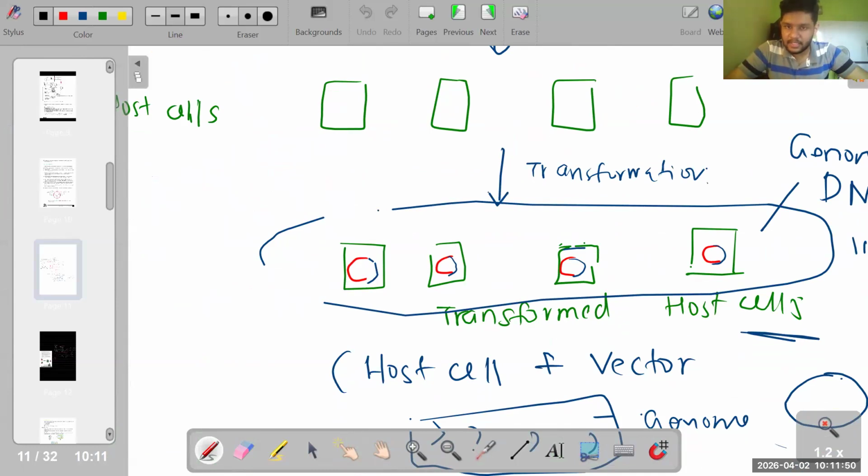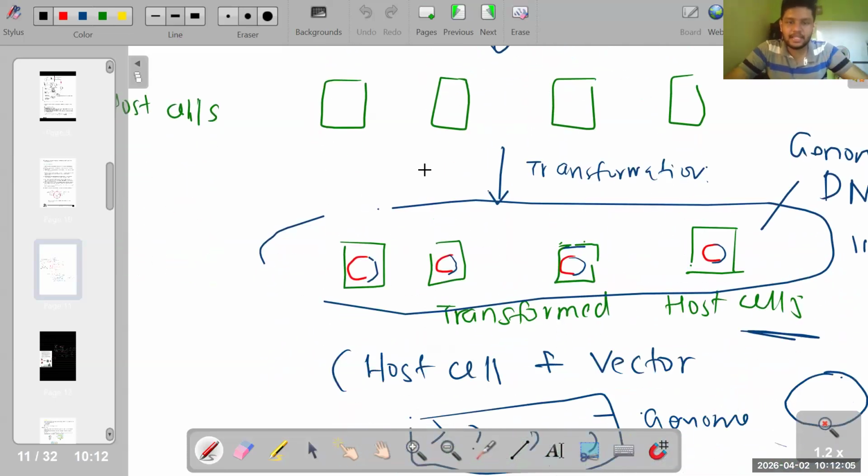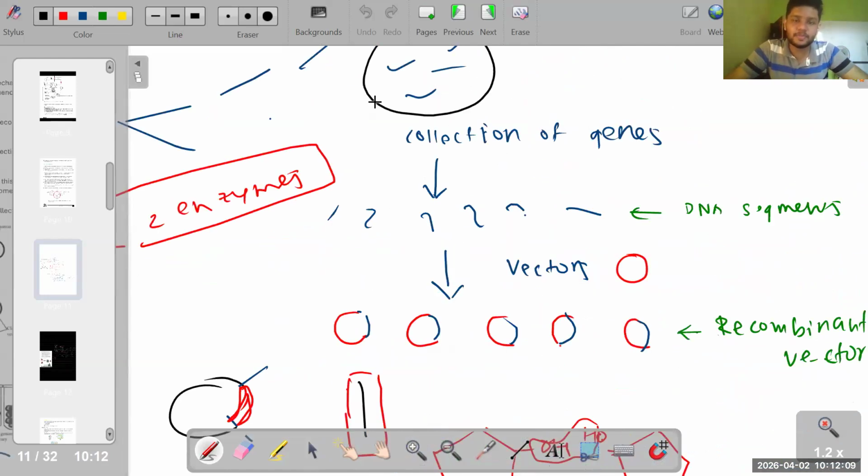Can you understand? Now you might ask, sir, if it is in the genome, it is better, right? It will be safe there also, right? Do you have that question? You are saying we have to store that DNA and keep it, but keeping that DNA there is also safe, right? It is also present in the genome. Yes, it is safe. But the problem is, do these DNA segments have a vector in them?